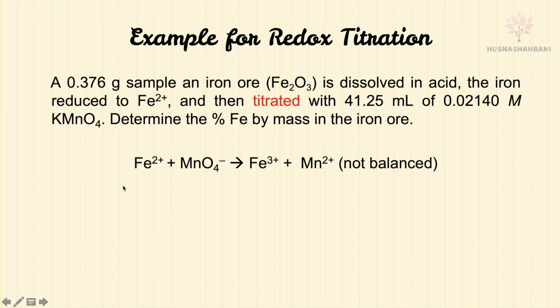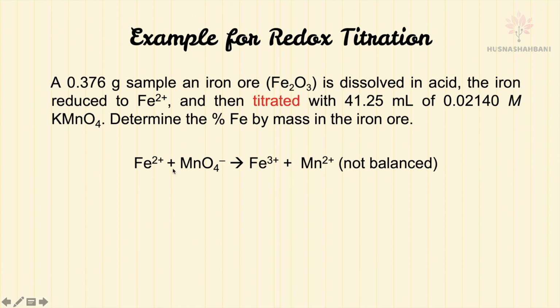The equation given is the redox equation. Fe2+ reacts with MnO4-, produces Fe3+ and Mn2+. If you notice, it's not a balanced equation because you have 4 oxygen on the left and no oxygen at all on the right. So you have to balance this equation.